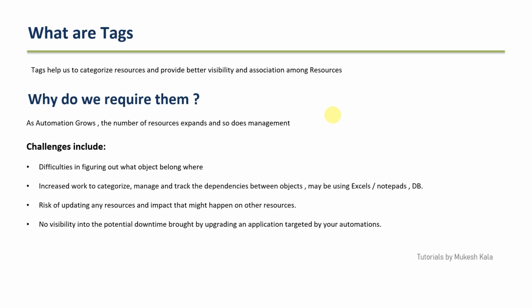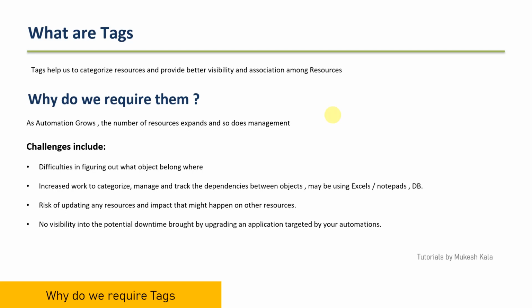Once your automation grows, you might have challenges such as difficulty in finding out which object belongs to which automation, which assets belong to which categories, right? You have increased work to categorize, manage, and track the dependencies between objects.